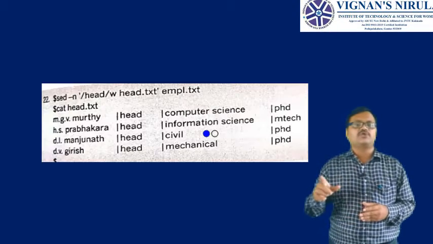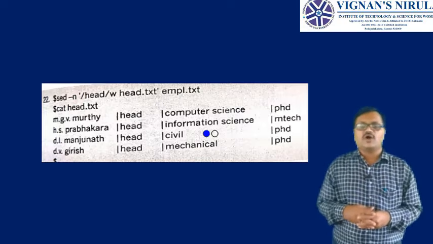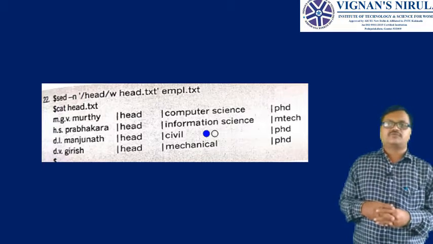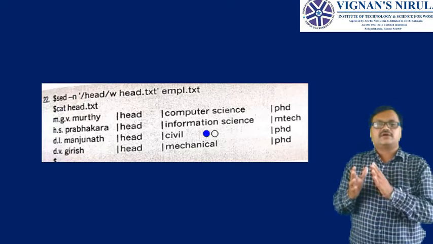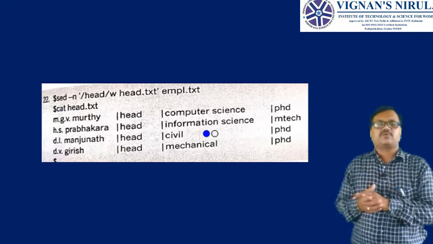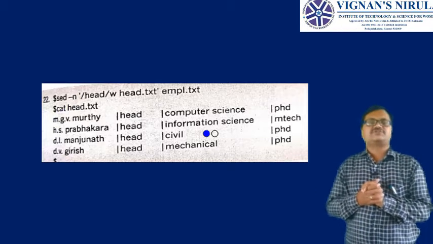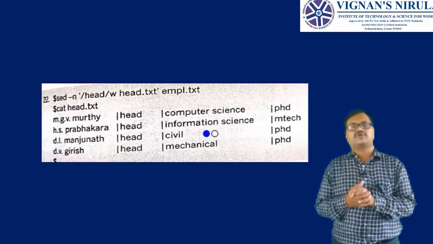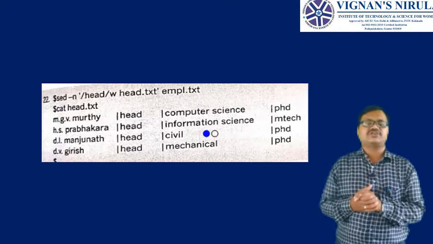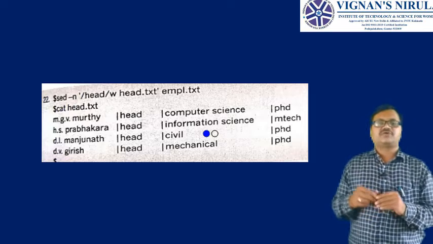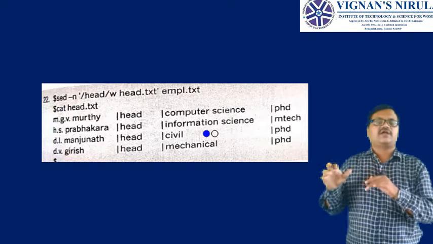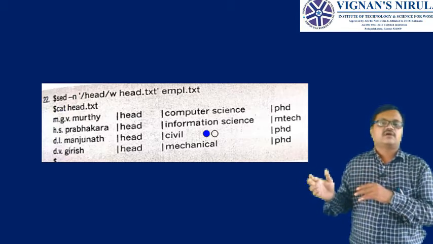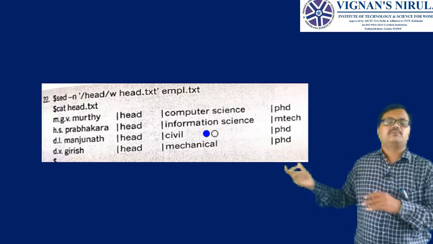Next is the W command. Suppose you want to write into a separate file, for example all the heads' data into a separate file called head.txt. How can you do that? Simply do sed space, search for head, w space head.txt space empl.txt.